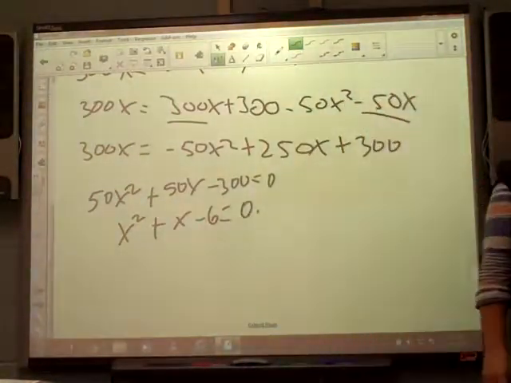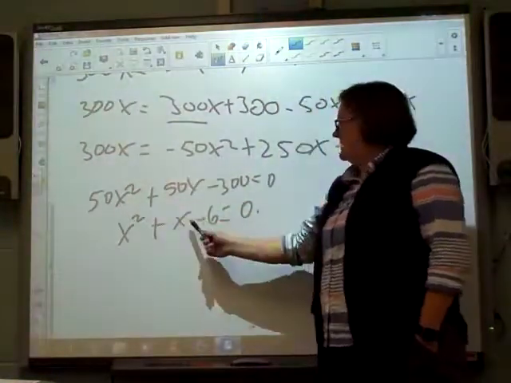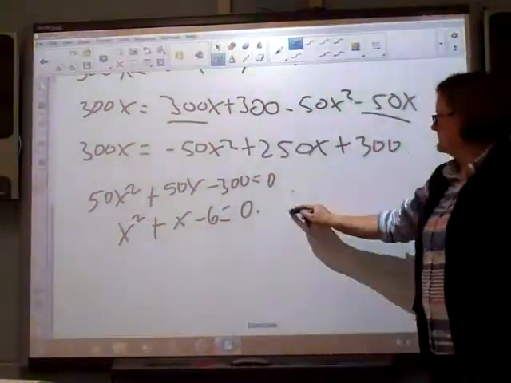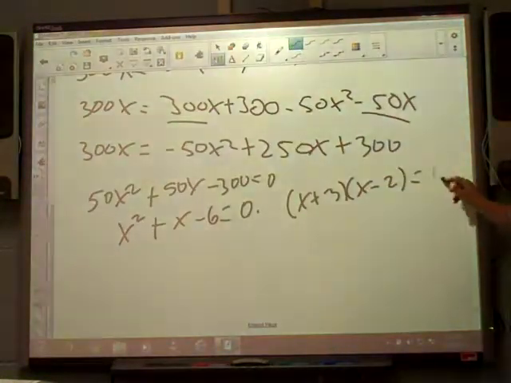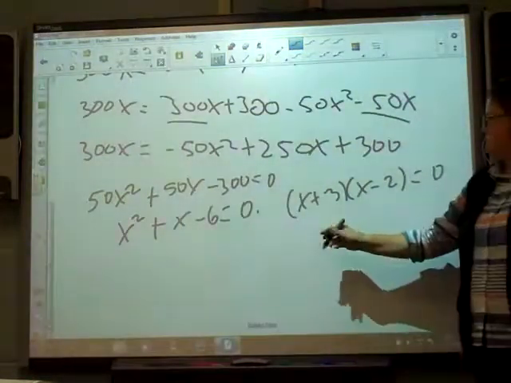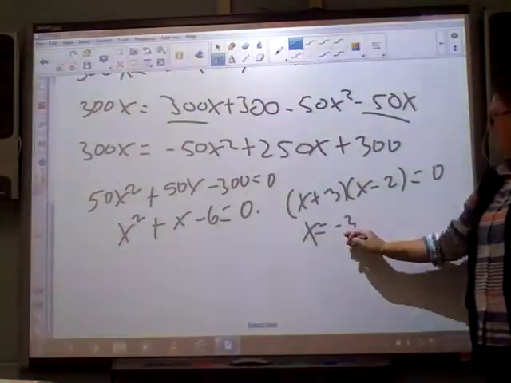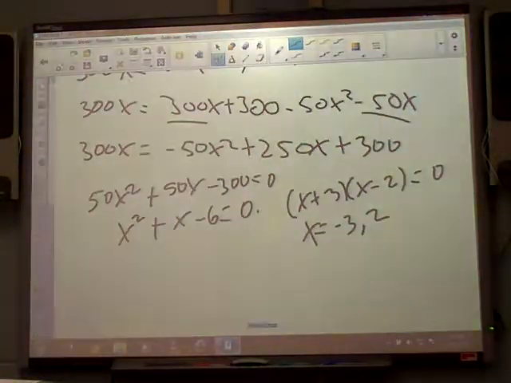Much easier to work with. Easier to factor now. Factors of negative 6 that add to 1 are 3 and negative 2. Set both those equal to 0 and solve. If x plus 3 equals 0, that gets you negative 3. If x minus 2 equals 0, that gets you 2.